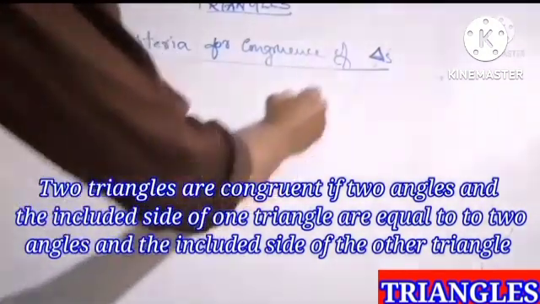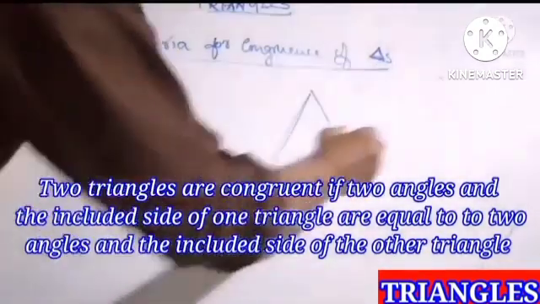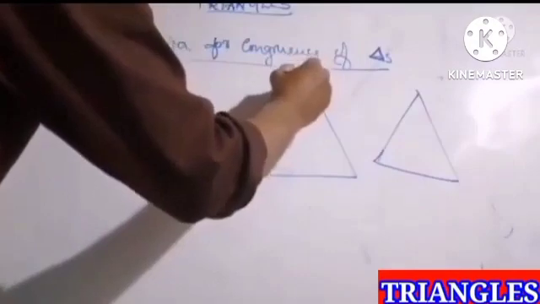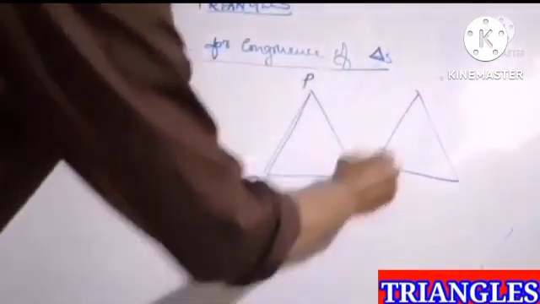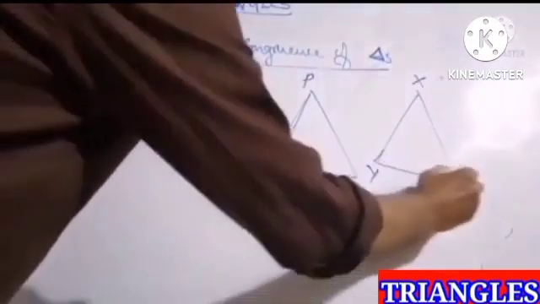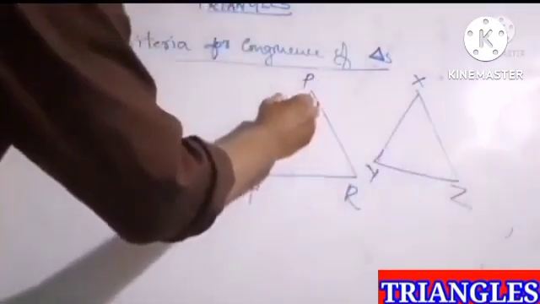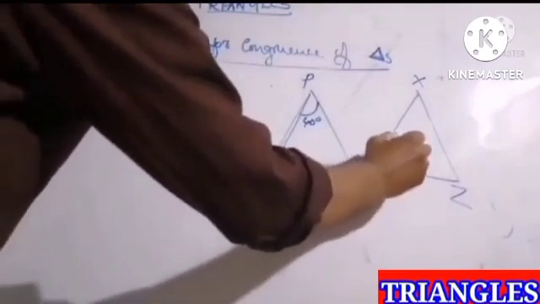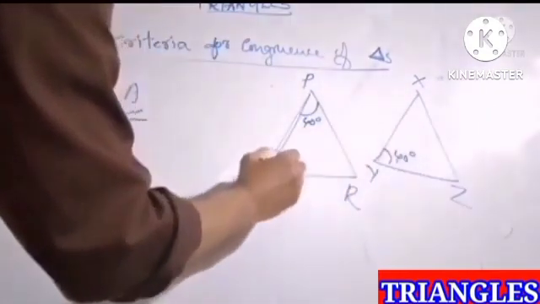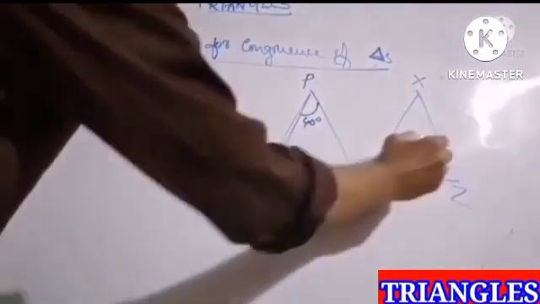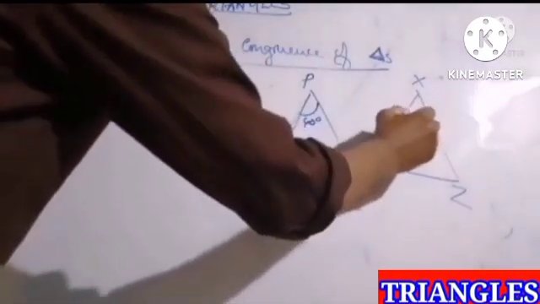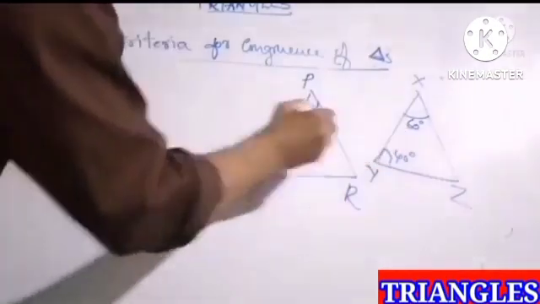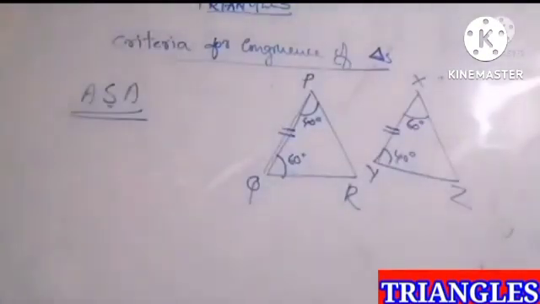So let's go through an example. Suppose triangles PQR and XYZ. Here angle P is 40 degrees and angle Y is 40 degrees, angle Q is 60 degrees, angle X is 60 degrees, and PQ and XY are equal.